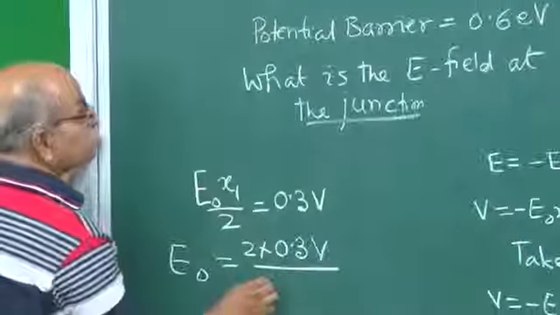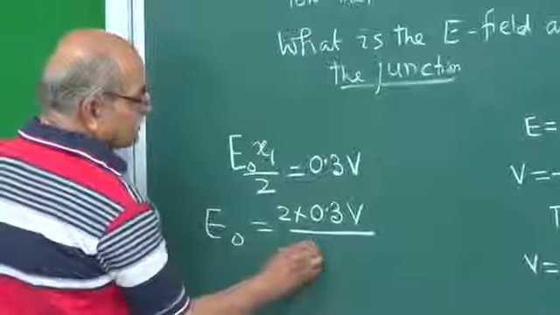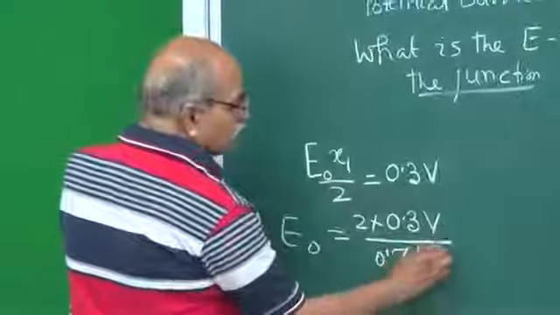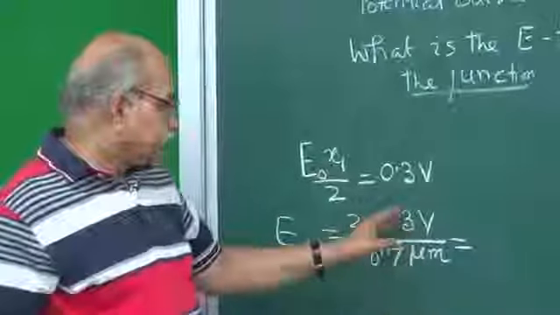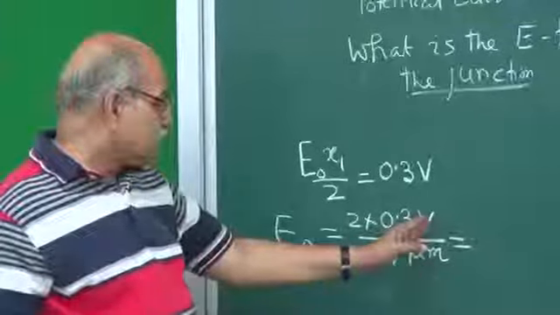And how much is x1? x1 is 0.7 micrometers. So that is the electric field. You can write it in terms of volt per meter.